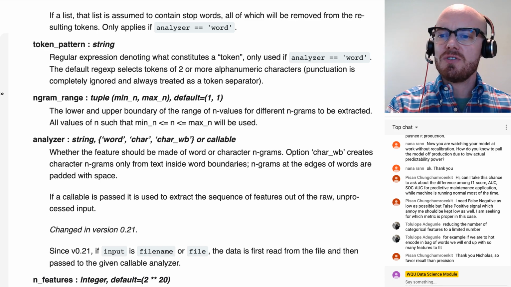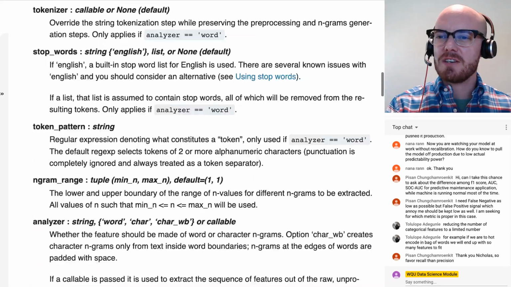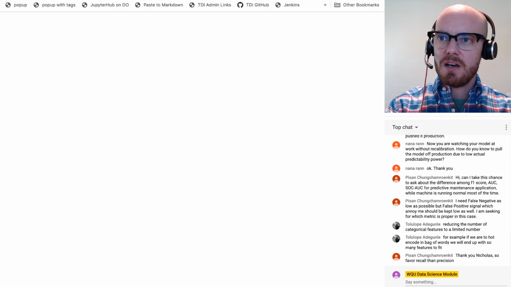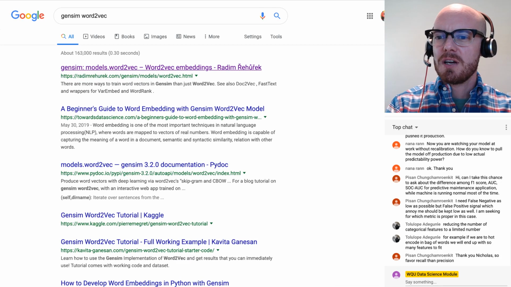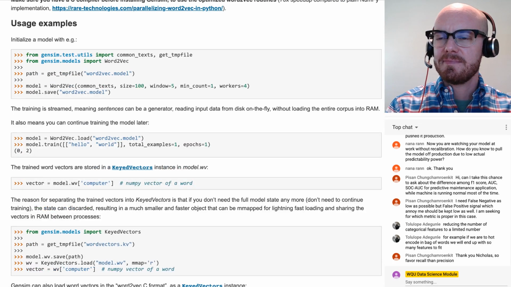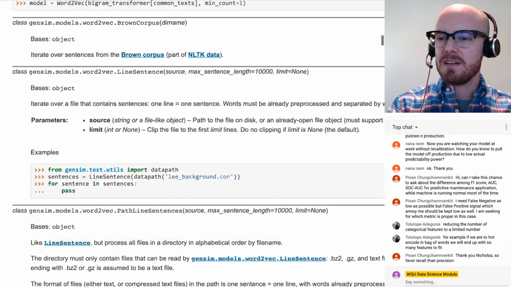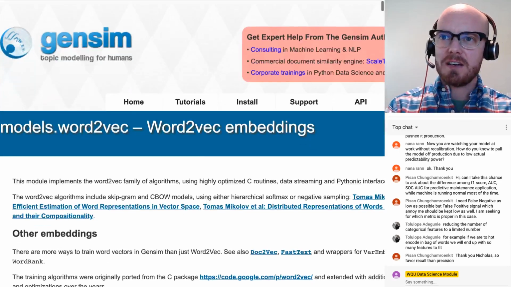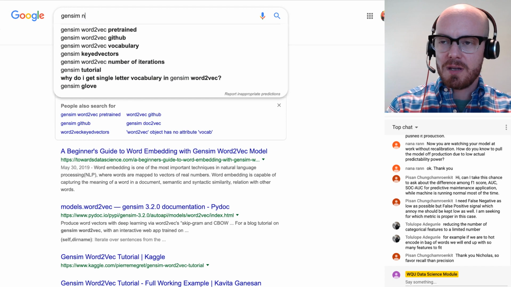The other thing that you can do, not in this vectorizer, but if we go to a package called gensim, which I believe we discussed briefly last time, gensim n-grams.